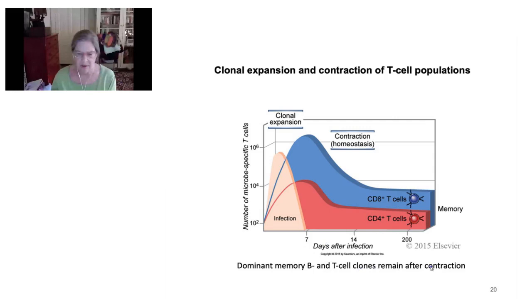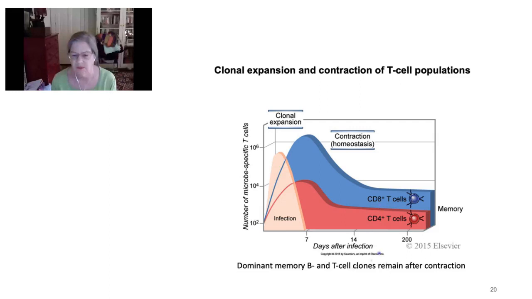That's going to be true for memory T cells and memory B cells. And let me point out that CD4 cells not only help with memory B cell responses, but they also help CD8 T cell responses. If you don't have CD4 cells, you don't get good memory from CD8 cells or from B cells.